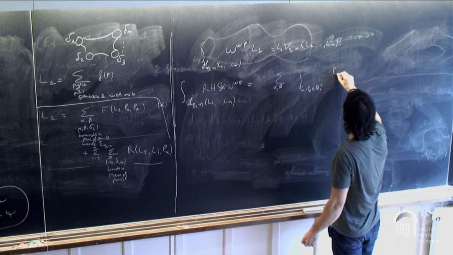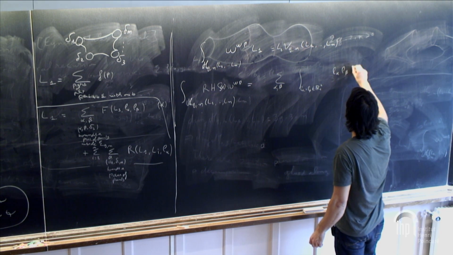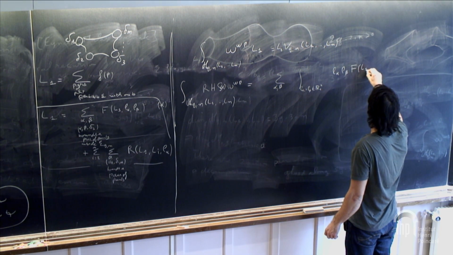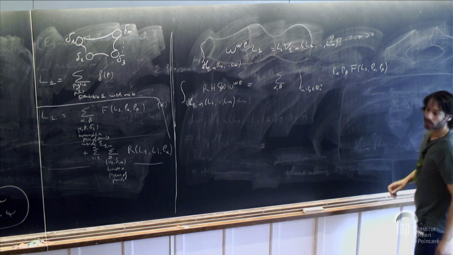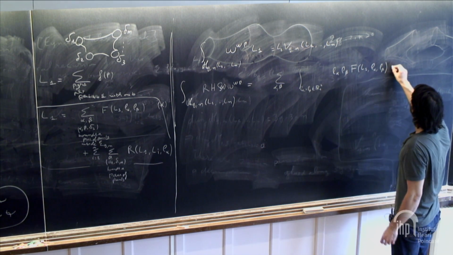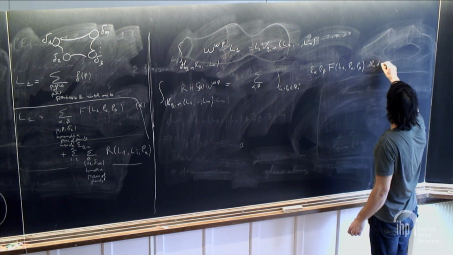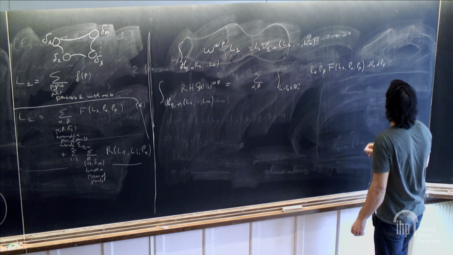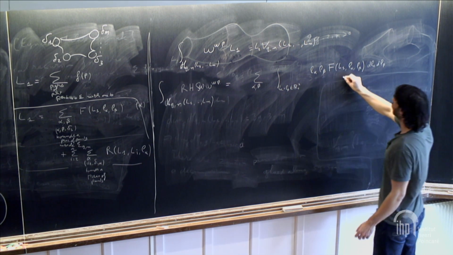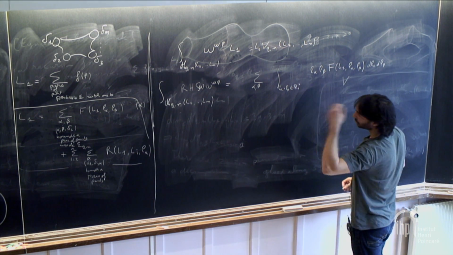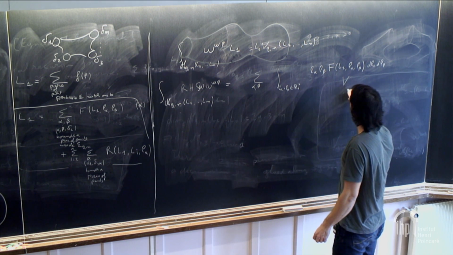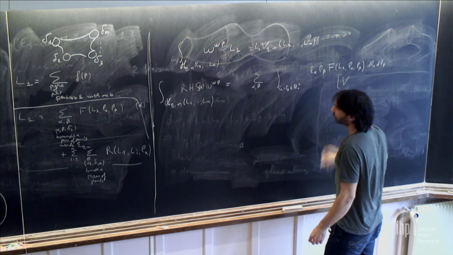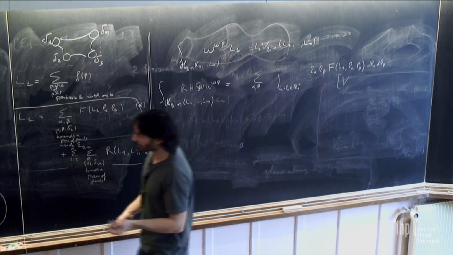Here you will have some L alpha, L beta, f of L1, L alpha, L beta, dL alpha, dL beta. And what is left is the volume of sigma minus the pair of points, which is something you have seen already.